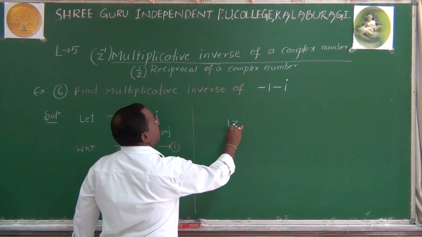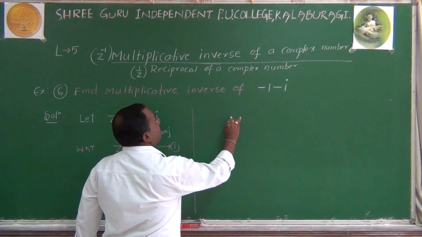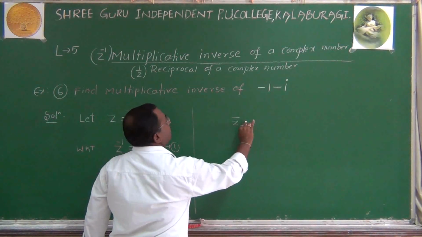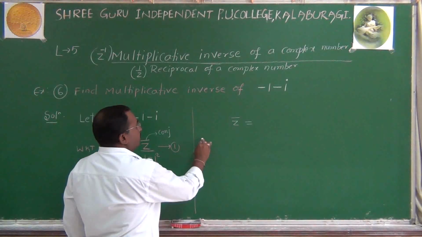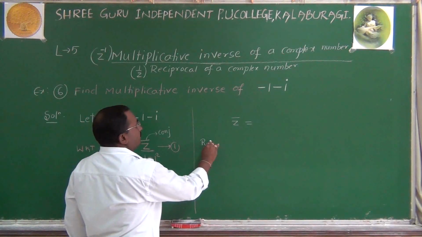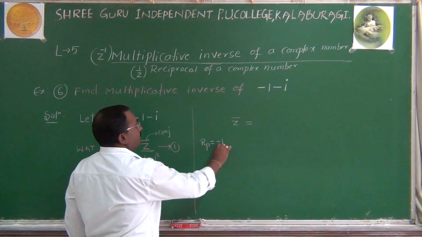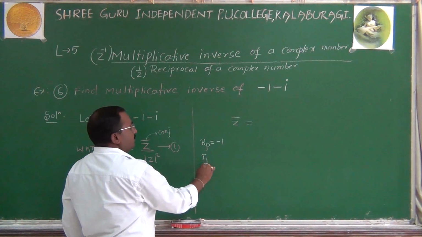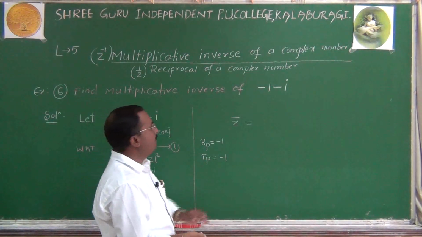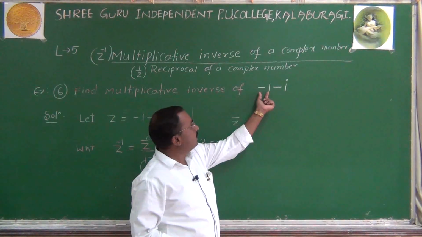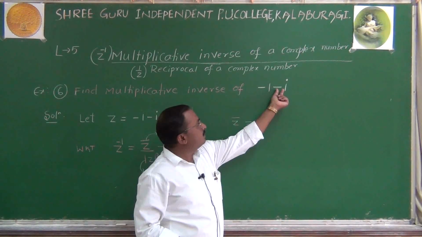Find the conjugate of z first. In this place, real part is minus 1 and imaginary part is minus 1. Understood? Just keep in your mind: real part is minus 1, imaginary part is minus 1.